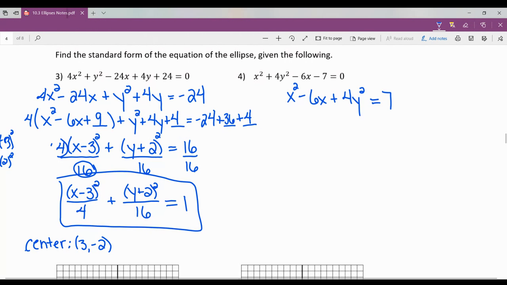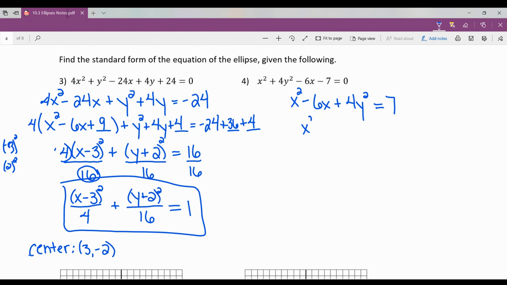All right, so I'm going to do x squared minus 6x plus blank plus 4y squared. Well, there's no middle term, and I take the middle term and divide it by 2. That'd be 0 divided by 2, and then squaring. So there's going to be nothing added here. Equals 7 plus blank.